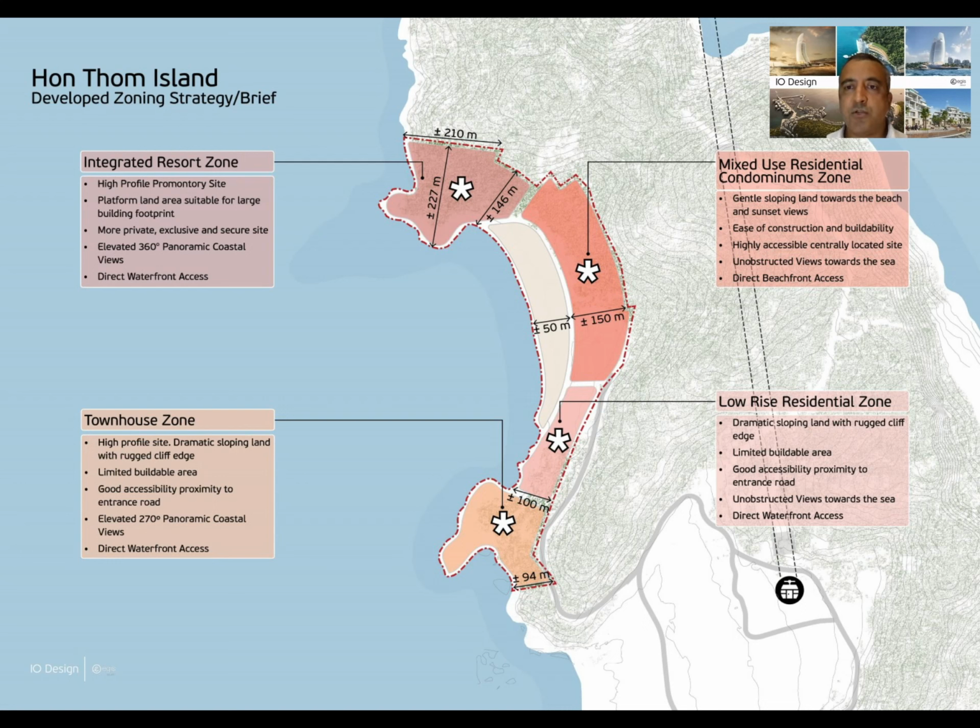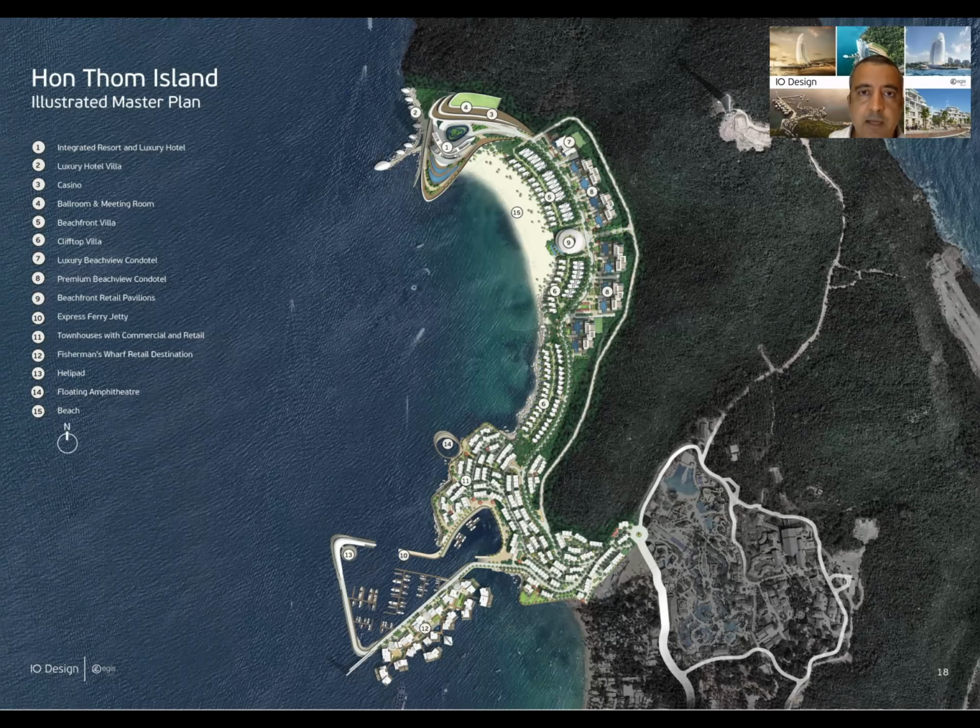Then a mixed-use residential zone along the beach, with a part facing the mountain and a part facing the beach. Then low-rise residential moving southwards, and a townhouse zone, what we call Townhouse Village, in the most southern part. This is the illustrated master plan.